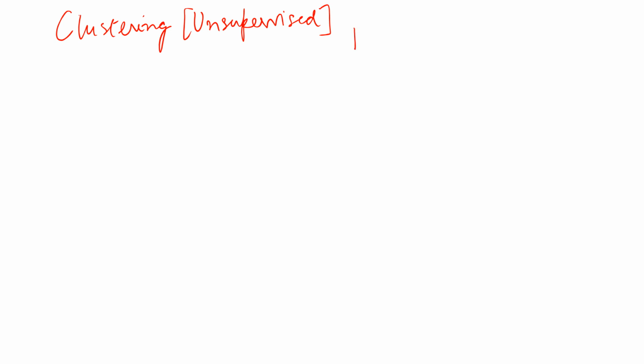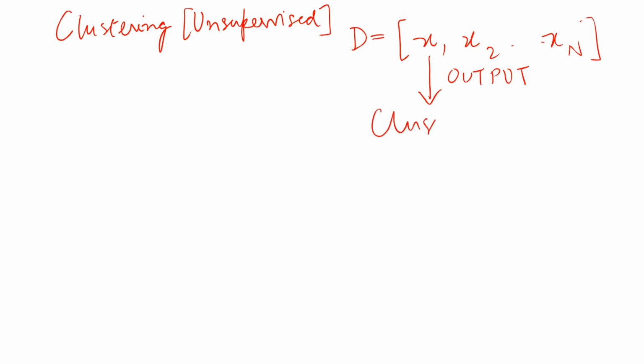The problem is that I have this data set that, as always, has some input, let's say x_n. And the outcome that we want, or the output that we want, for any unsupervised learning problem, is that I need to finally be able to cluster data into some subsets based on whatever criteria, right?